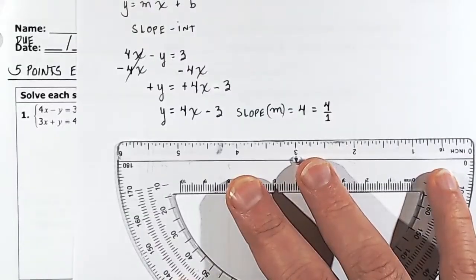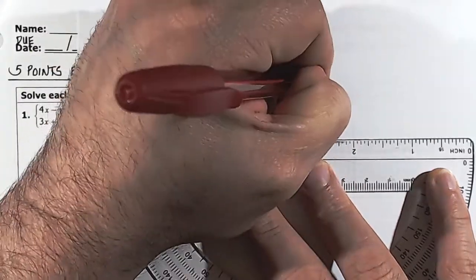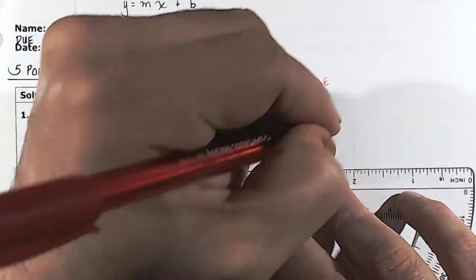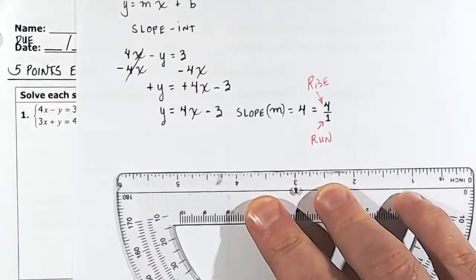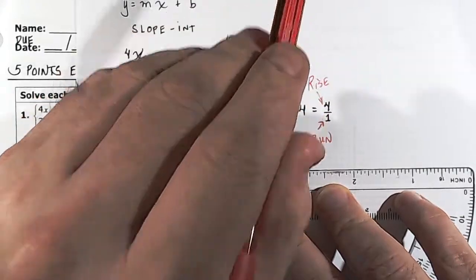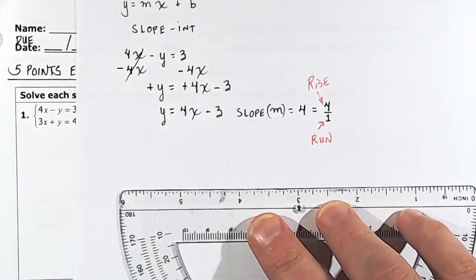And remember, students, that the top part, or the numerator, is the rise, and the bottom part, or the denominator, is the run. So in this case, I have a slope of 4 over 1, so I rise 4, and then I run 1 to the right. All right, so that's the slope.